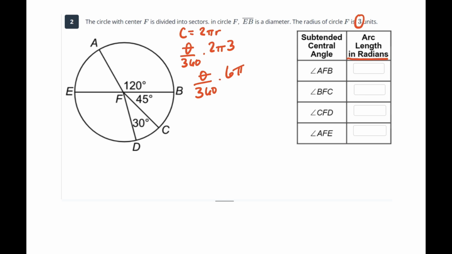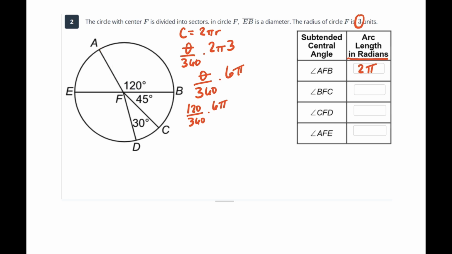So for this one, AFB, which is right here, we have 120 over 360 times 6 pi. You could just go 120 times 6 divided by 360, and you're going to get 2 pi.